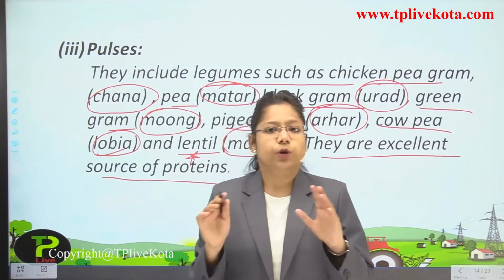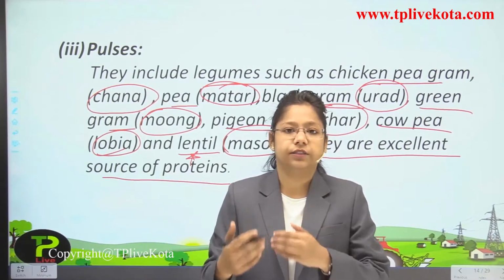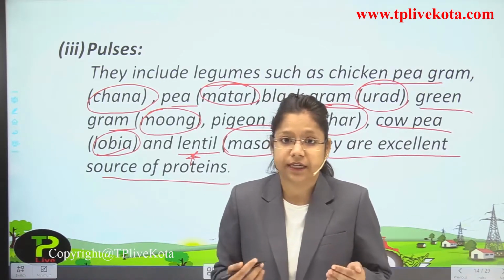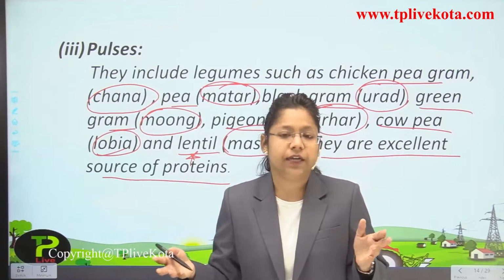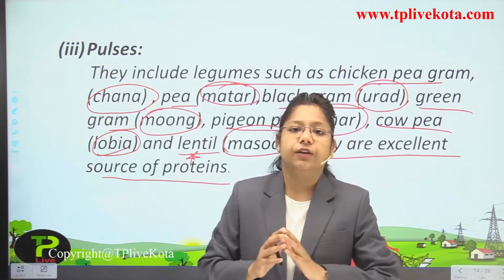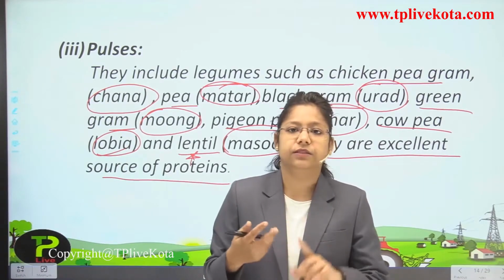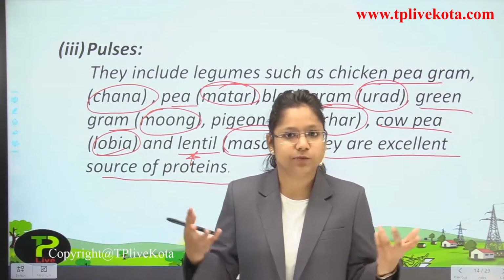Proteins are the building blocks of our body, and if we do not consume protein, then the growth of our body will be restricted, and we will not be able to perform any kind of activity energetically. So we require everything in our body: carbohydrates, protein, fats, vitamins, minerals. So we should eat pulses more.